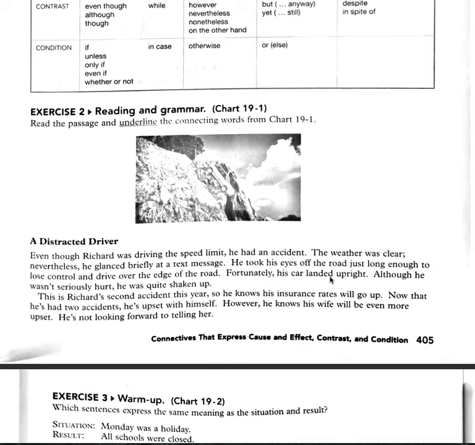Fortunately, his car landed upright. Although he wasn't seriously hurt, he was quite shaken up. This is Richard's second accident this year, so he knows his insurance rates will go up. Now that he's had 2 accidents, he's upset with himself. However, he knows his wife will be even more upset. He's not looking forward to telling her.